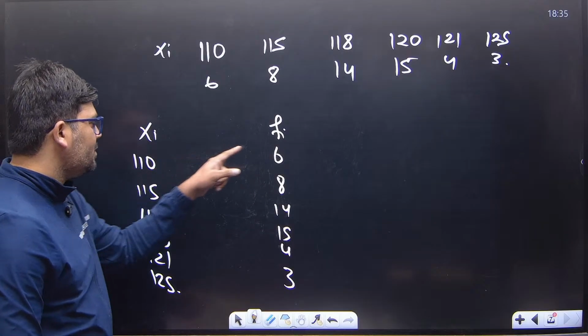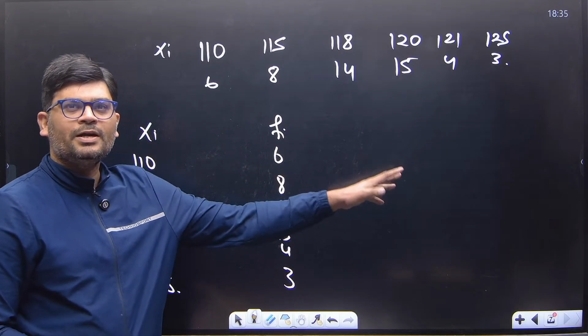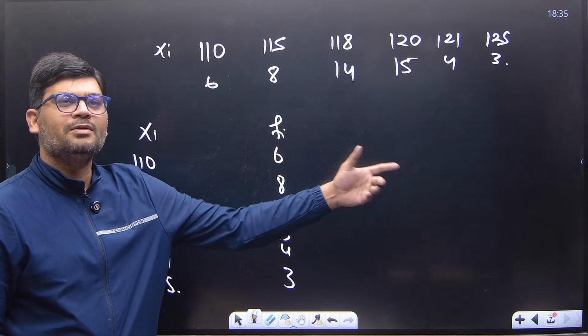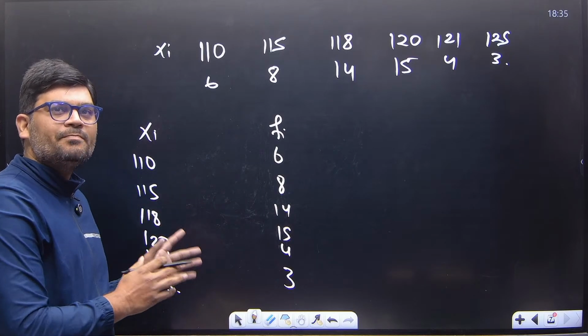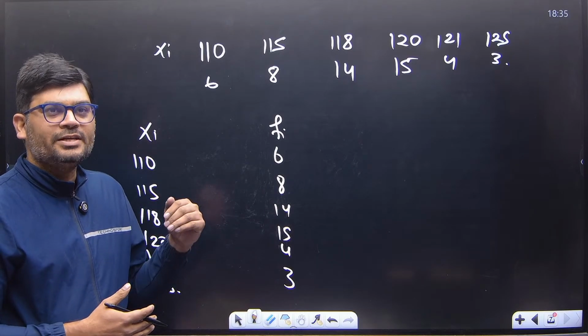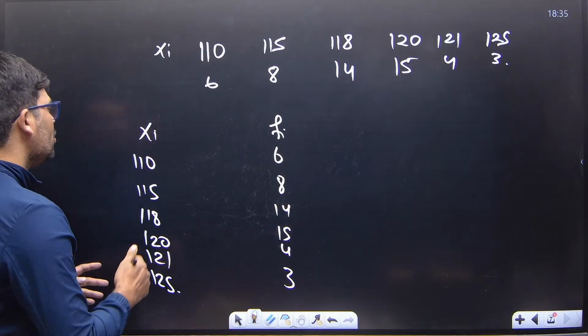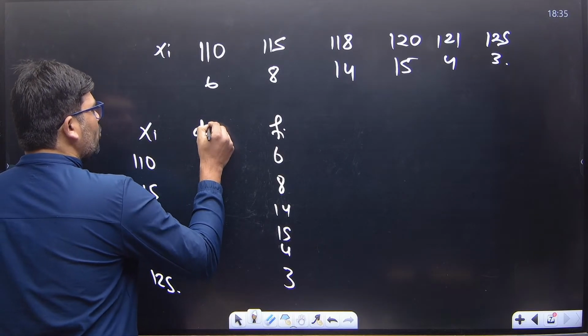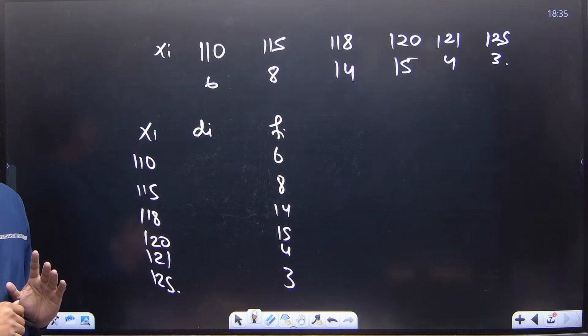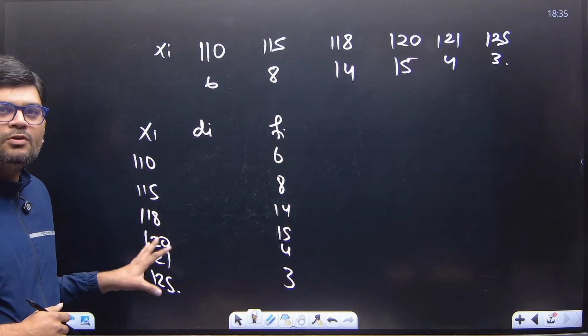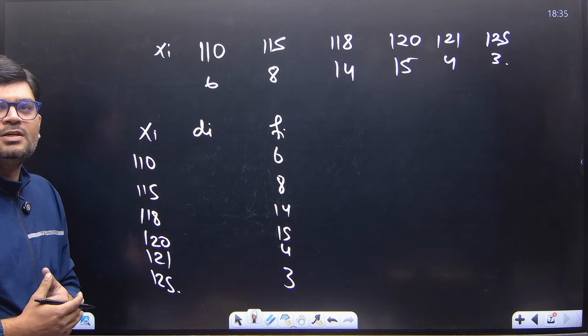If you multiply these numbers, are you going to get simple numbers or bigger numbers? Big numbers. So can you make it simple? The answer is yes. You can think of any number from your own mind to be the assumed mean of this. Can you tell me which number you find can be the assumed mean of this?